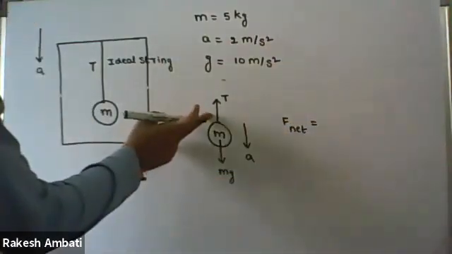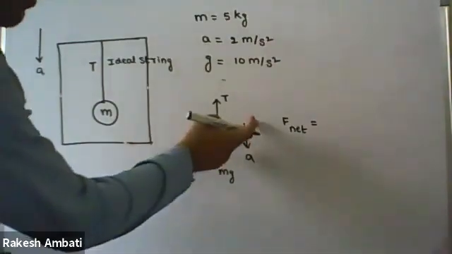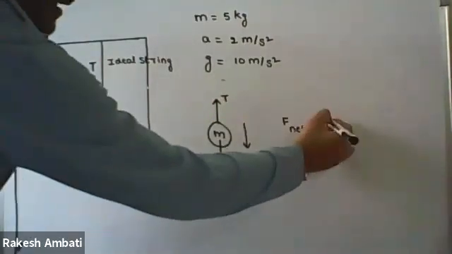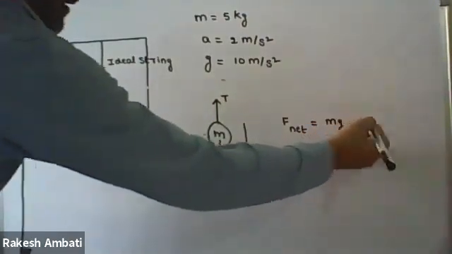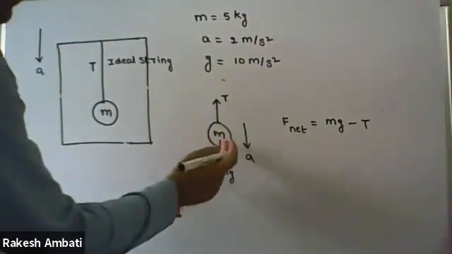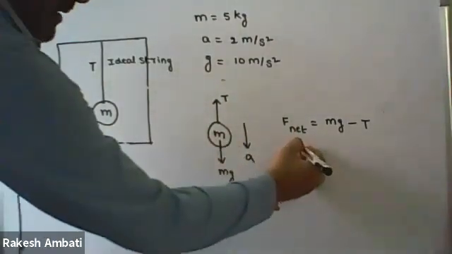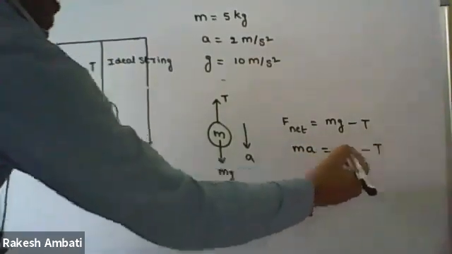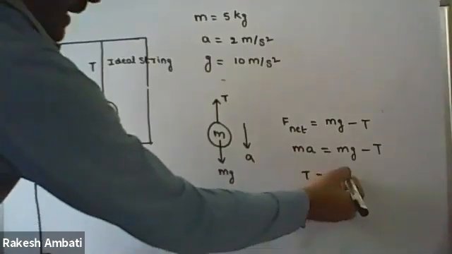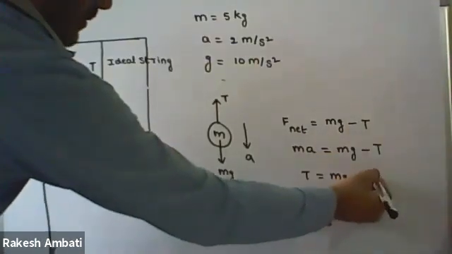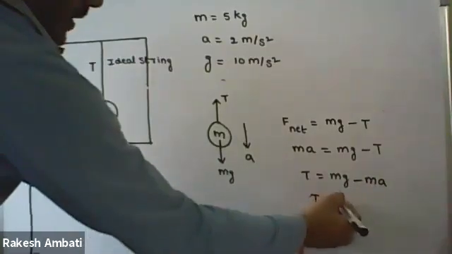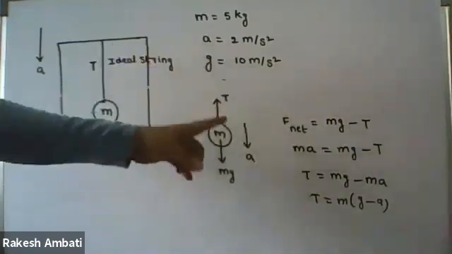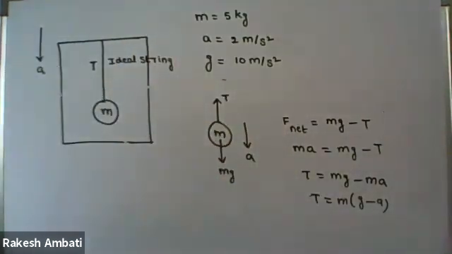There are two forces, T and mg, but since the direction of motion is downwards, the resultant force is mg minus T. Resultant force means mass times acceleration, so ma equals mg minus T. To find the tension force, T equals mg minus ma. Taking m common, T equals m times (g minus a). Mass, g and a are given, so you can simplify it.